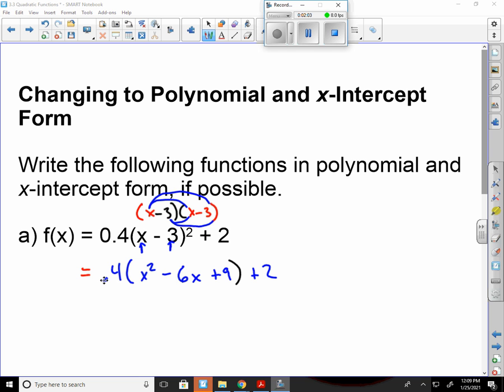I can multiply my 0.4 times each one of these. That gives me 0.4x squared minus 2.4x plus 3.6 plus 2.